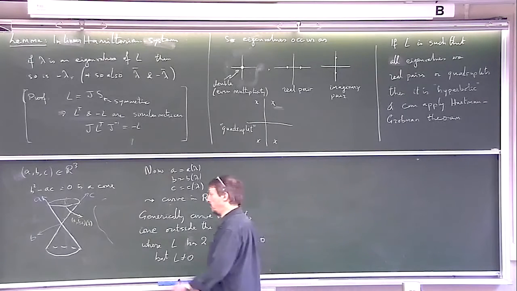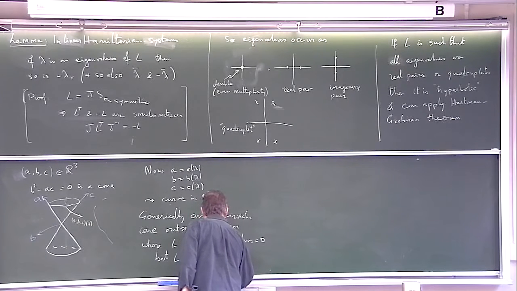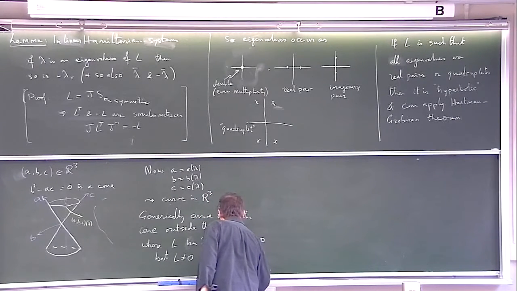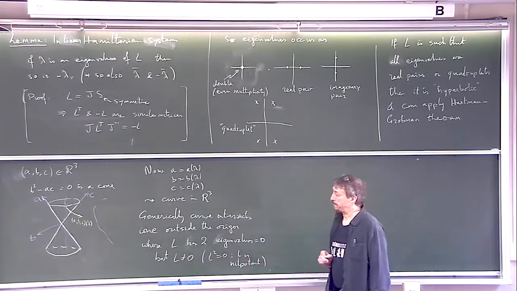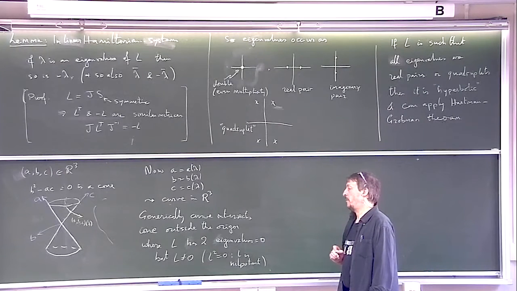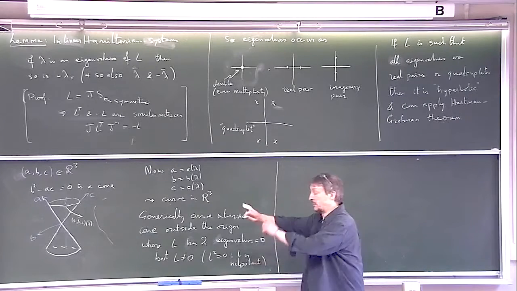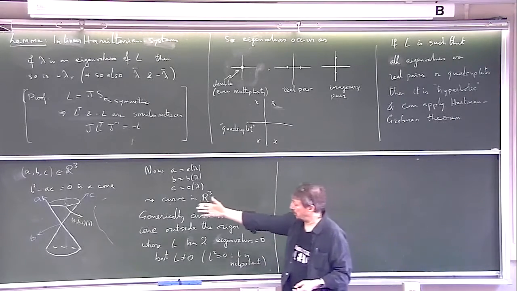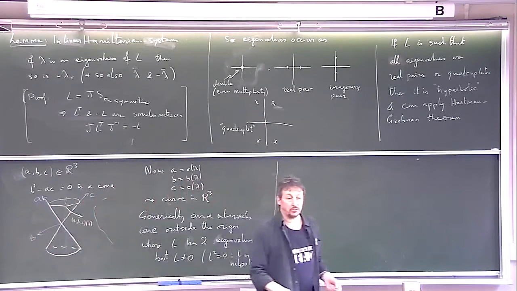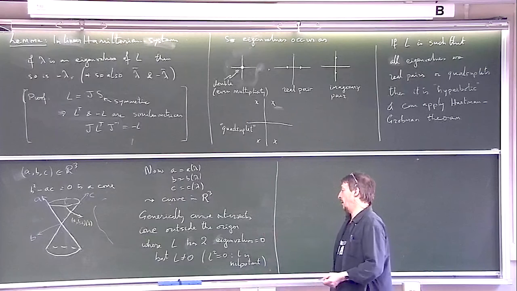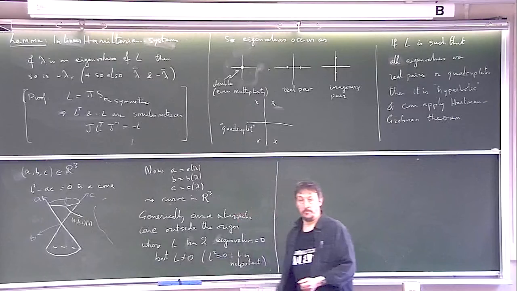So L squared is 0, but L is not 0. Okay, so that's the generic picture. And that picture, this is the generic bifurcation. And this picture sort of is supposed to convince you that this is what you expect. And the transition happens when L is not 0.